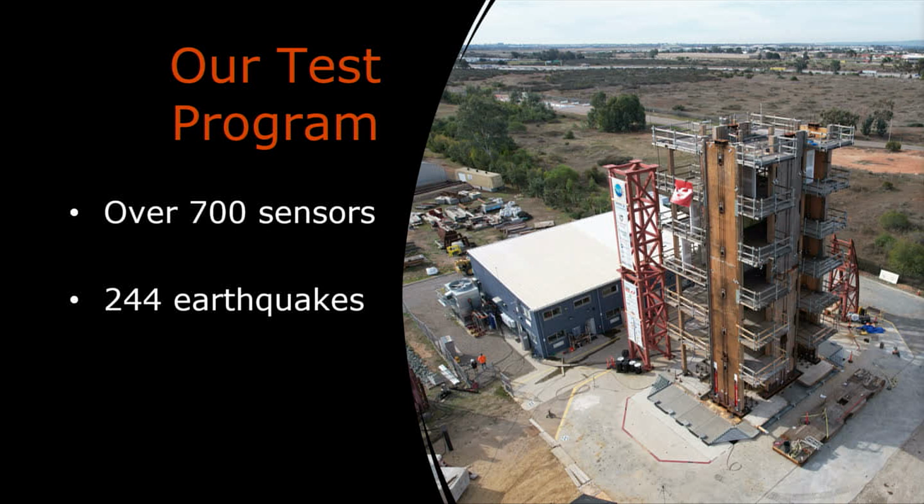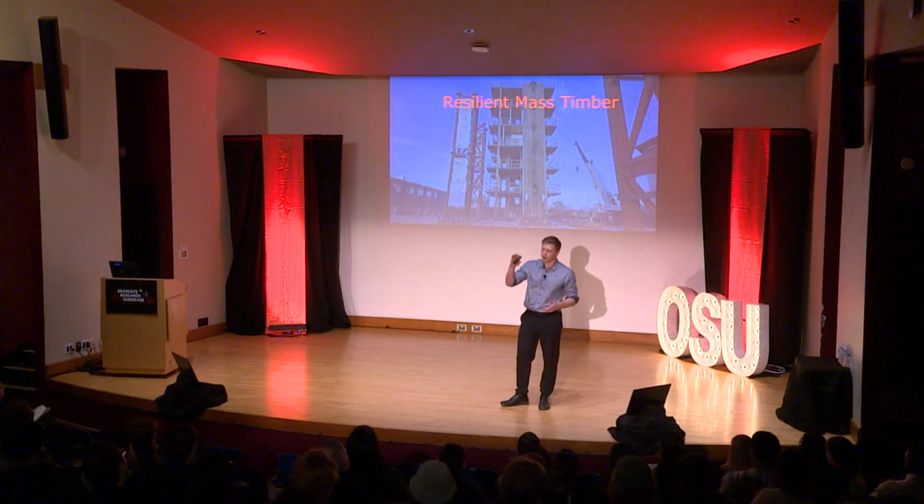And you might expect a building to go through so many earthquakes to be in pretty rough shape, right? Well, that's not the case. We saw no structural damage at any phase of shaking. What does this mean for us? It means we can design mass timber buildings to the highest level of resiliency.